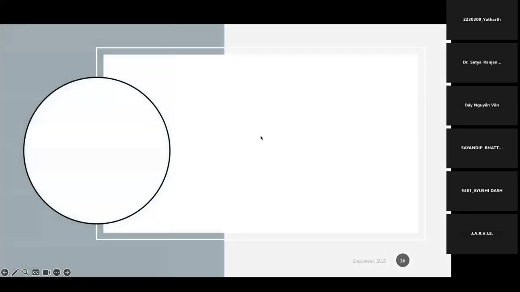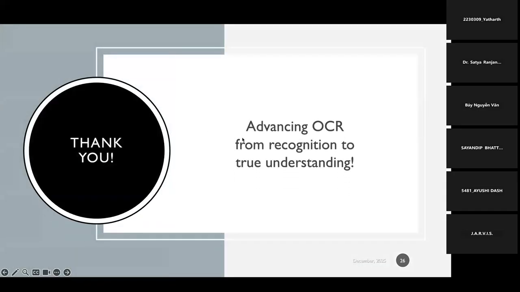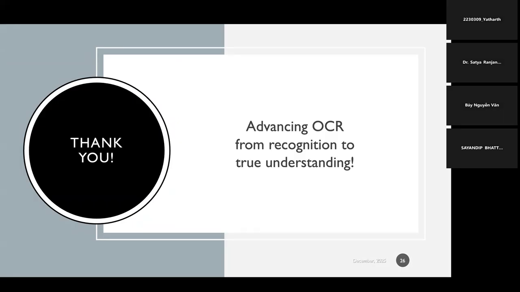Yes. So this brings us to the end of our presentation. Thank you very much for your attention. And if there is one key takeaway from our research, it is this. For decades, machines have been merely looking at documents, but with LVM-OCR, we are finally teaching them to read like us.